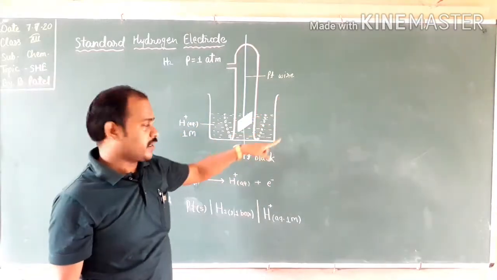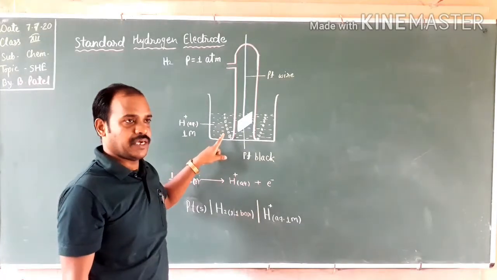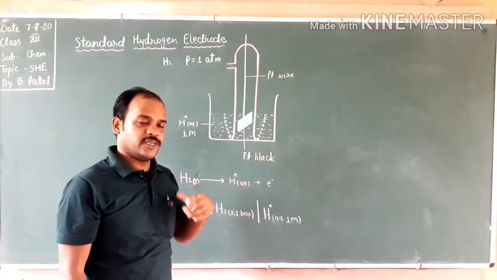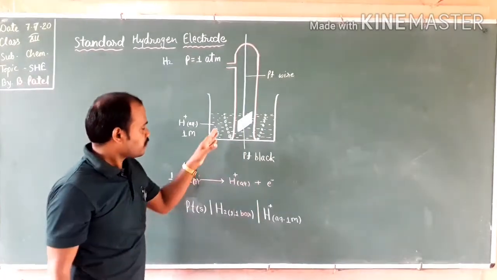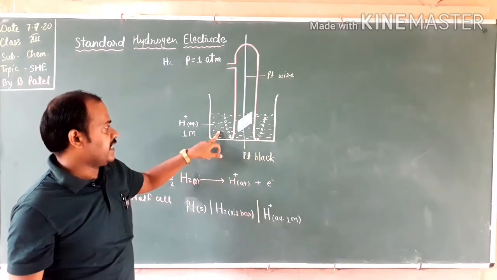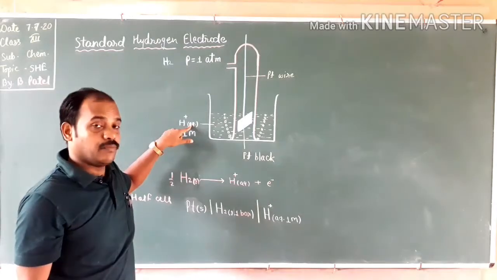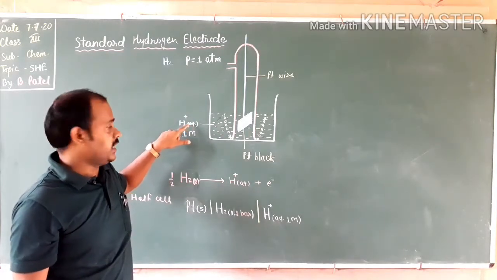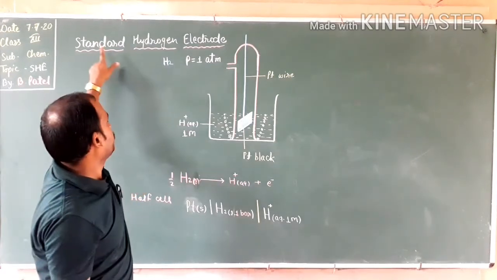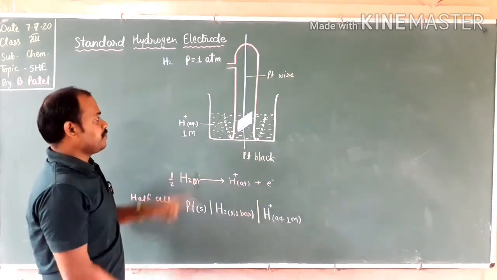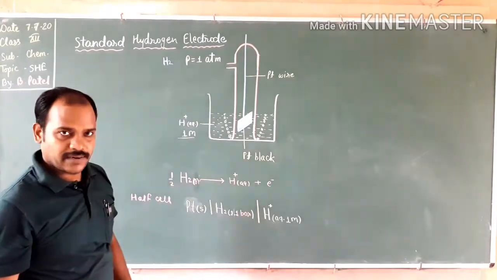In this beaker, we take a hydrogen ion solution, which can be HCl or H2SO4, any solution containing hydrogen ions. So here we have taken an aqueous solution of H+, and the molarity of this solution will be 1 molar, 1 mole per liter.